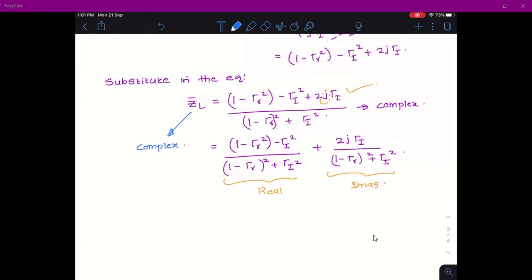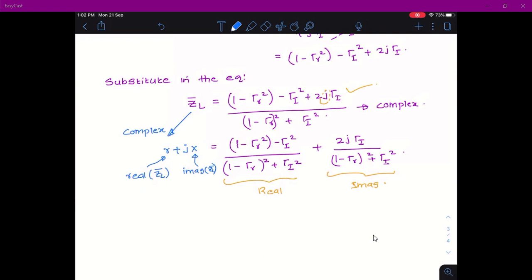So I can write ZL as r plus jx, where r is the real part of Z̄L and x is the imaginary part of Z̄L.